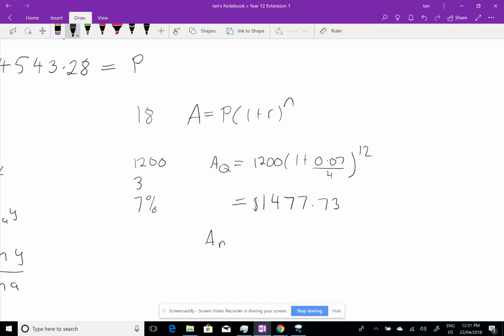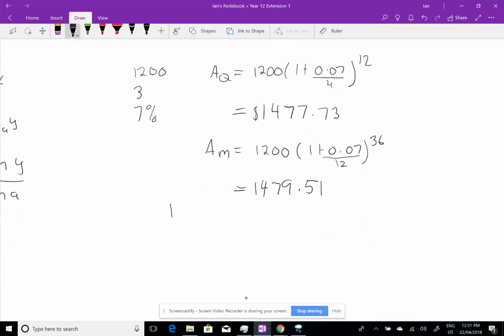Now, if I had that monthly, 1,200, 1 plus 0.07 over 12, 3 12s are 36. I've got that in my calculator still, so I'll just go back and divide by 12 and change the power to 36. And I get $1,479.51. They asked for the difference.